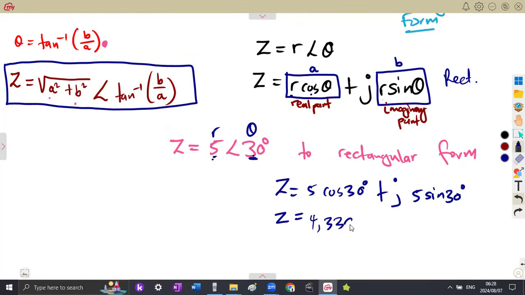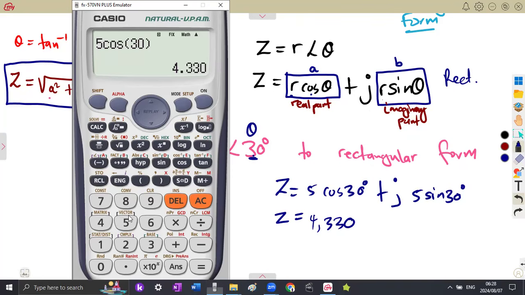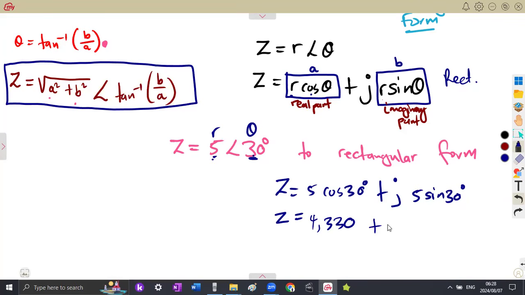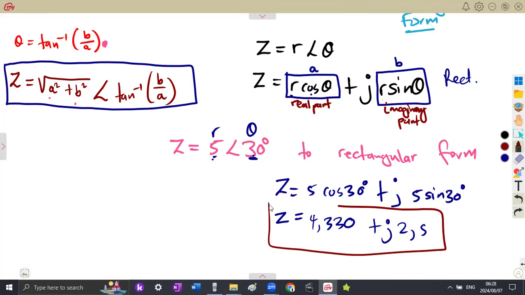That's 4.330 there. Then 5 sine 30 degrees, which is simply 2.5 there. 5 sine 30. That is going to be 2.5. So we're going to have plus j 2.500 like that. So we can write this in a format that we understand depending on the calculations.